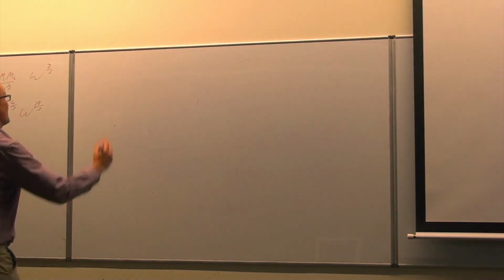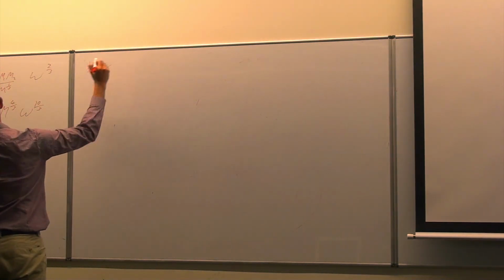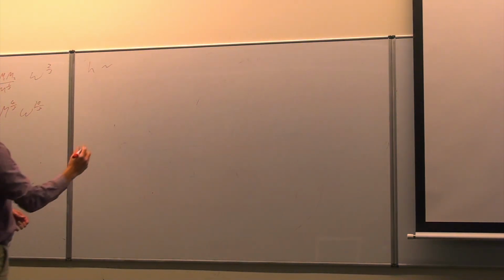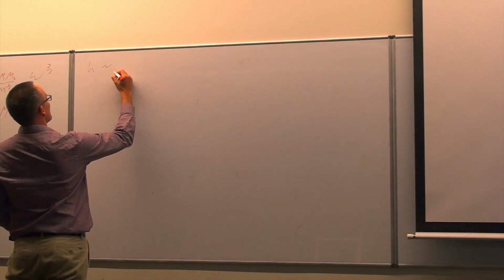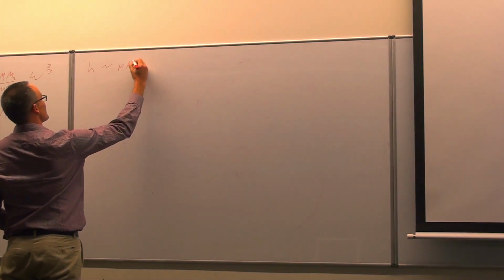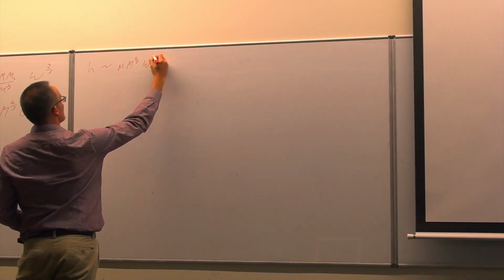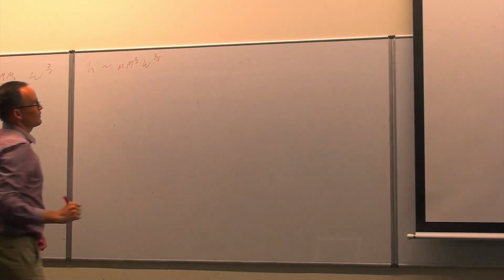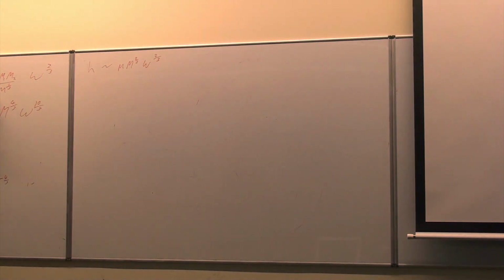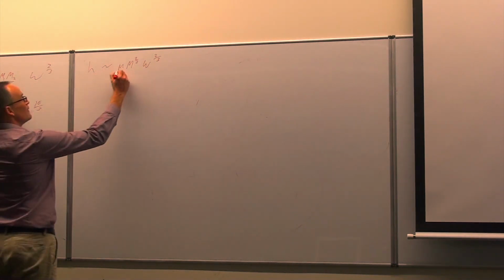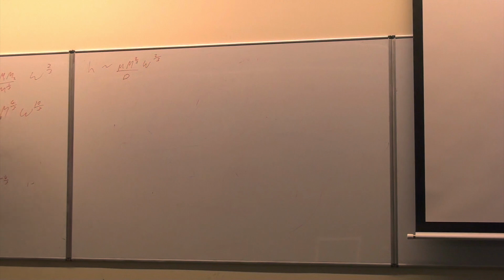Okay, so what we have is that the amplitude of a binary h scales like mu times m to the 2/3 times omega to the 2/3. So that's this expression here. Over distance.